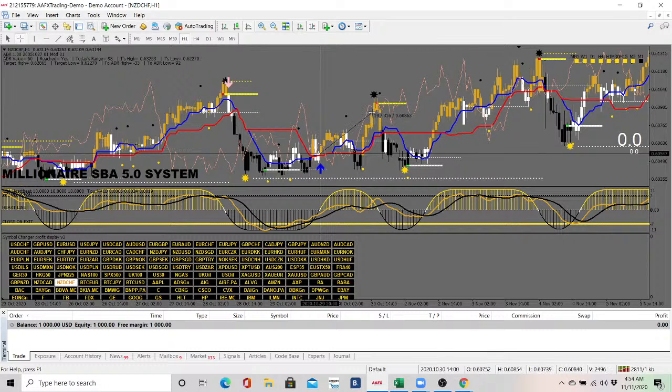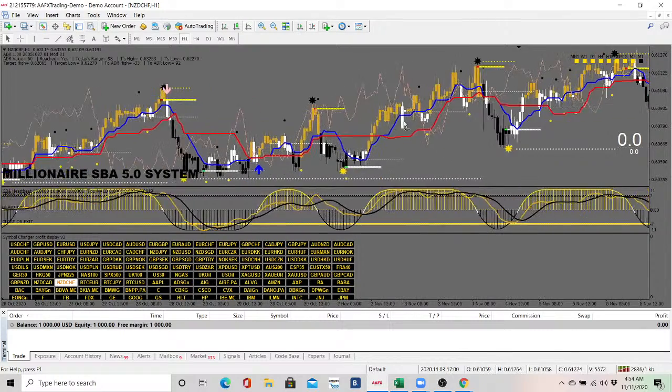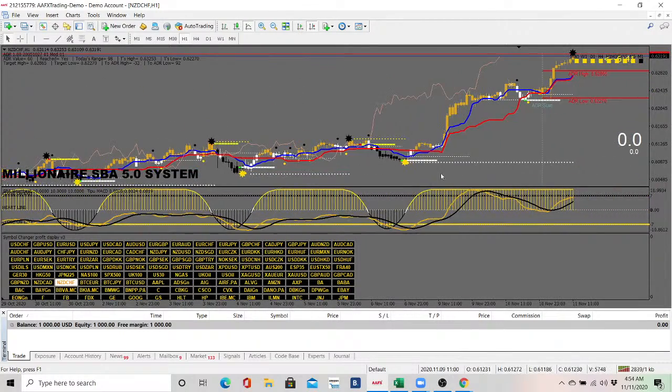So as we can see from the star bar arrow to, I want to say, a pullback on NZD/CHF, could have caught 40 pips, right? And this is the 1 hour time frame. That's way back.